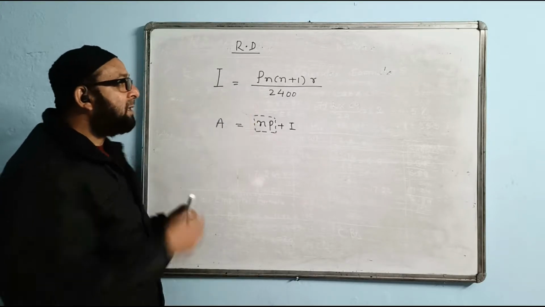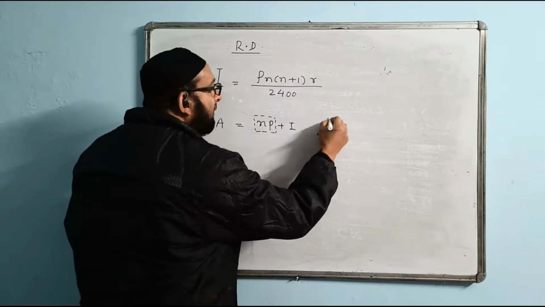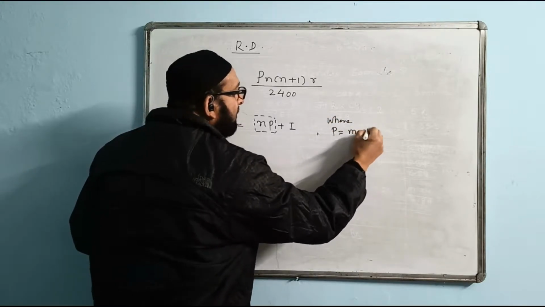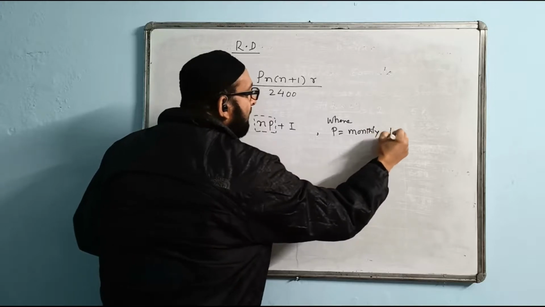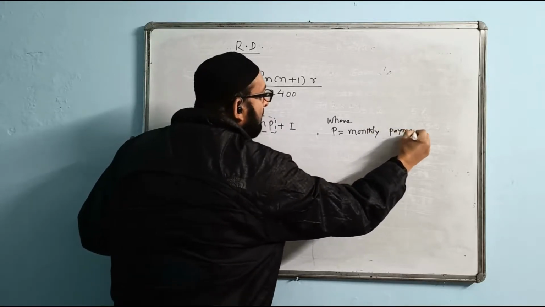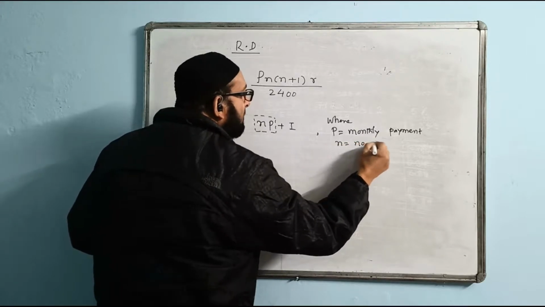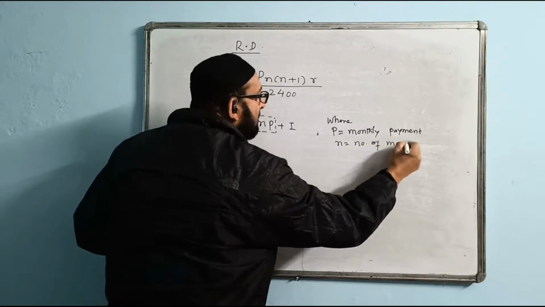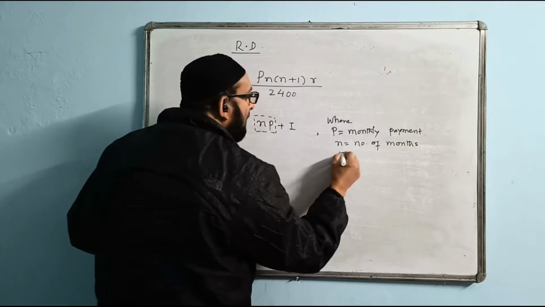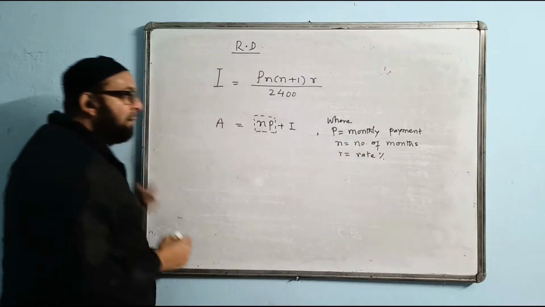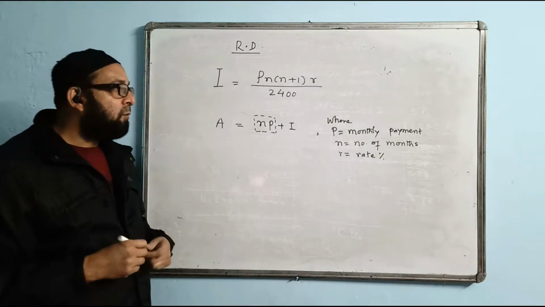What is P? Last time I did it, but once again, P is equal to monthly payments or monthly installment. N stands for number of months. R is rate percent. And the rest of the things we know.